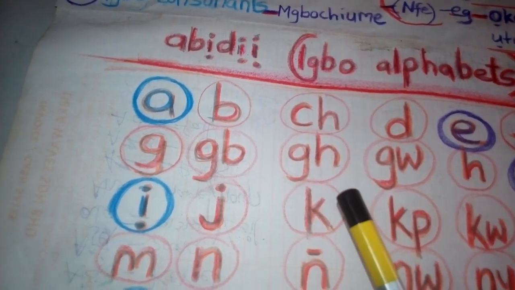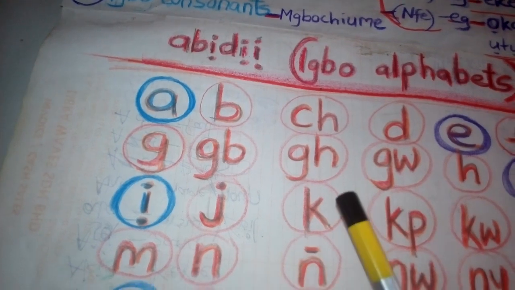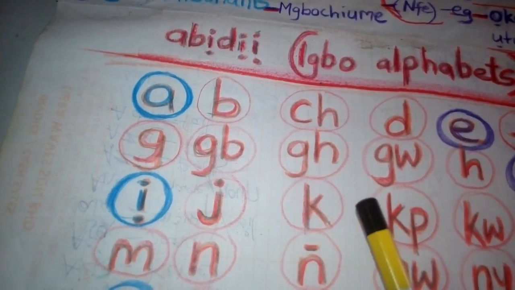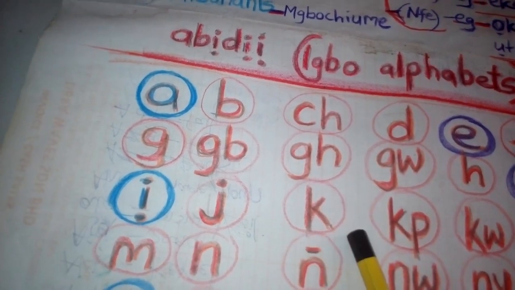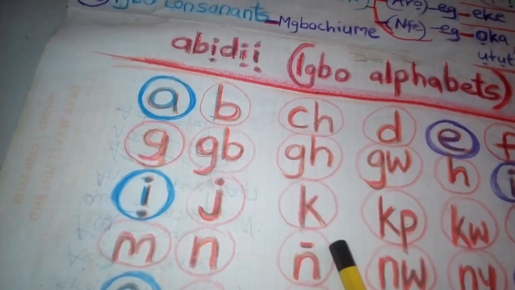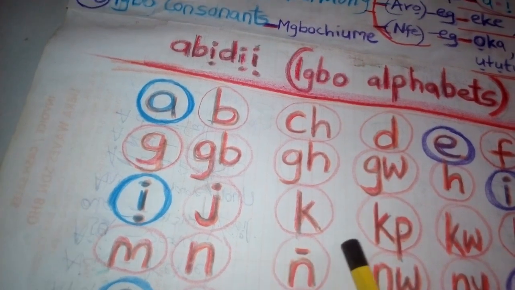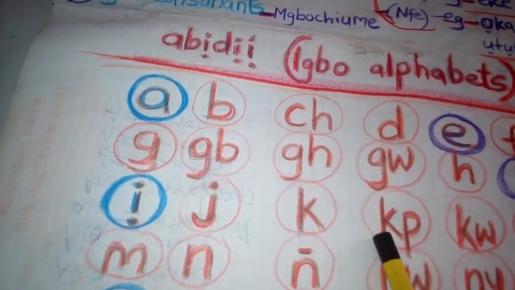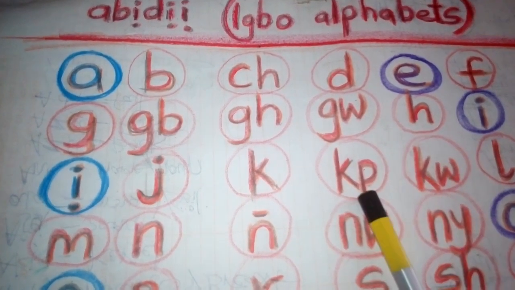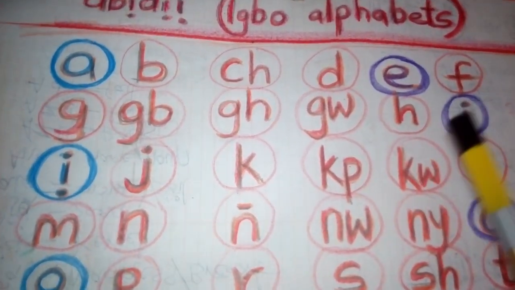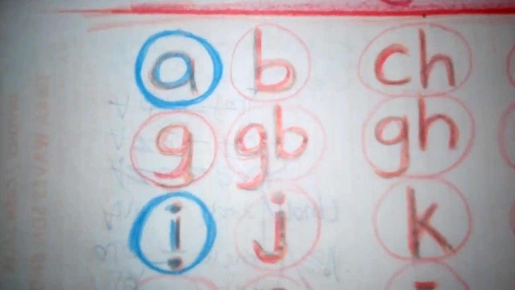Out of the 26 letters, 5 of them are vowels, while 21 of them are consonants. You can see the difference. So let's go straight to the board and let me show you.